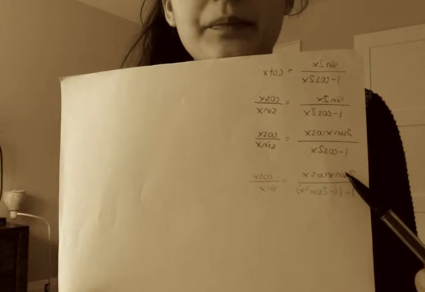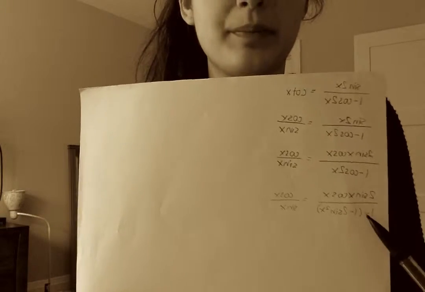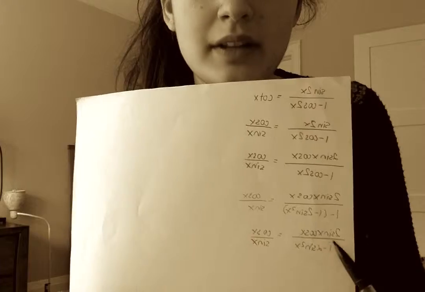So you can see here, I put brackets around my value. You should always put brackets. Now I'm going to expand. And this is what I have. Once I expand, I have 2 sine x cos x over 1 minus 1 minus 2 sine squared x.